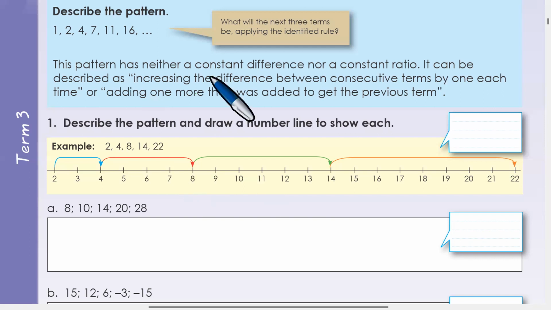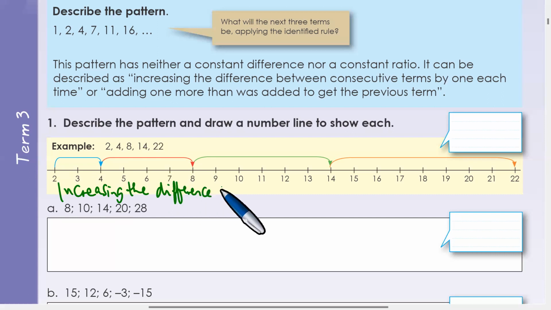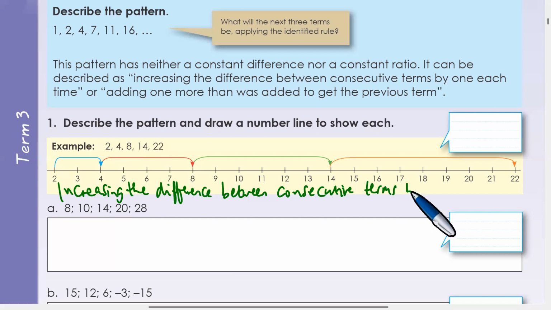Okay, so it's tricky. Here it is. It is described as increasing the difference between consecutive terms by 2 each time.